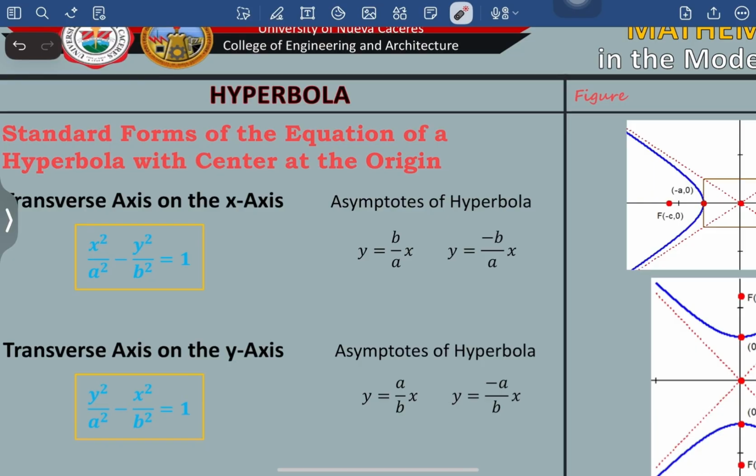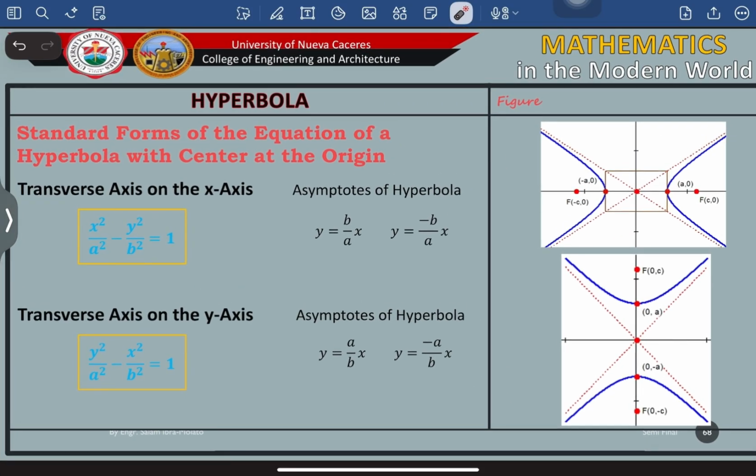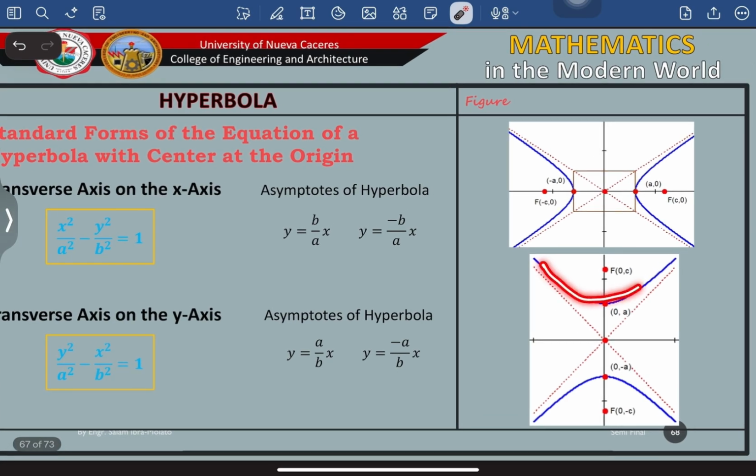Kasi yung positive dito na side is yung x. Then for the second equation with center at the origin, the positive term is the y variable. Under niya is a squared. Kaya it opens vertically.